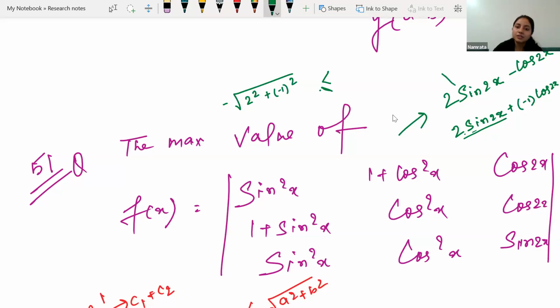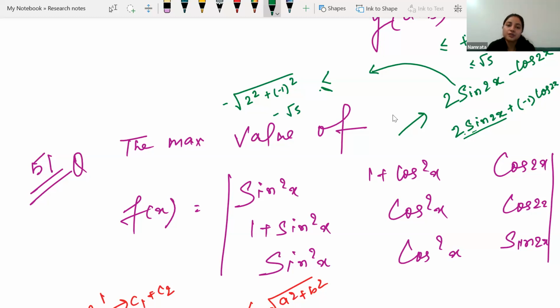So from here we get 4 plus 1, under root 5, so negative root 5 and positive root 5. What is the maximum value?